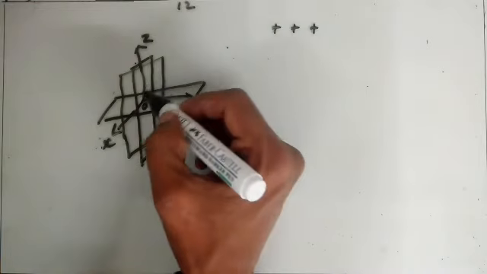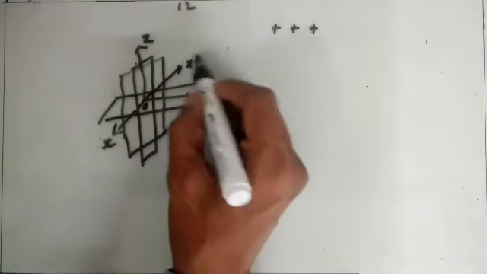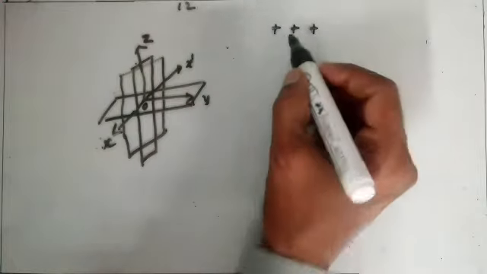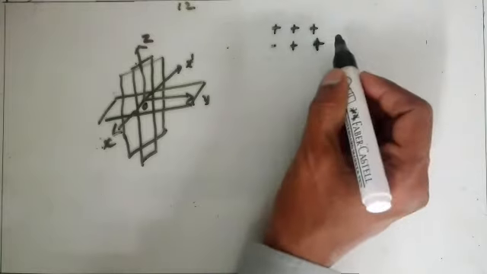And in the second octant, backside of the first octant, X dash O, Y, Z, X is negative, Y and Z both are positive.